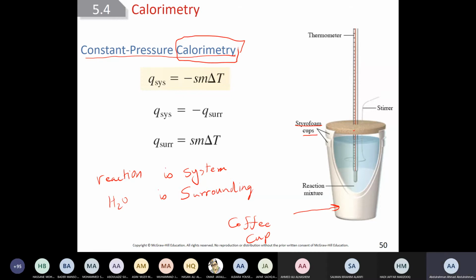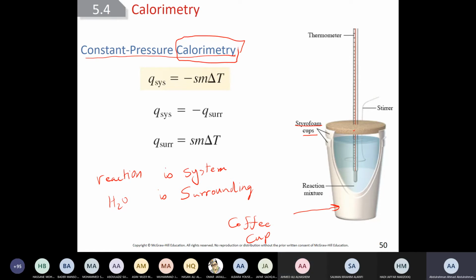And when you make the reaction, if the reaction is exothermic, what will happen to the temperature of the water? Will rise. Increase. Exactly. If the reaction is endothermic, what will happen to the temperature of the water? Decrease. It will be lowered.